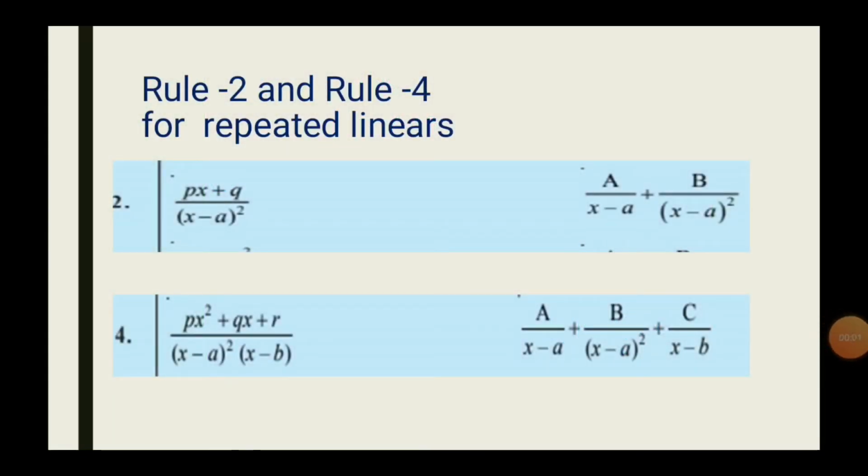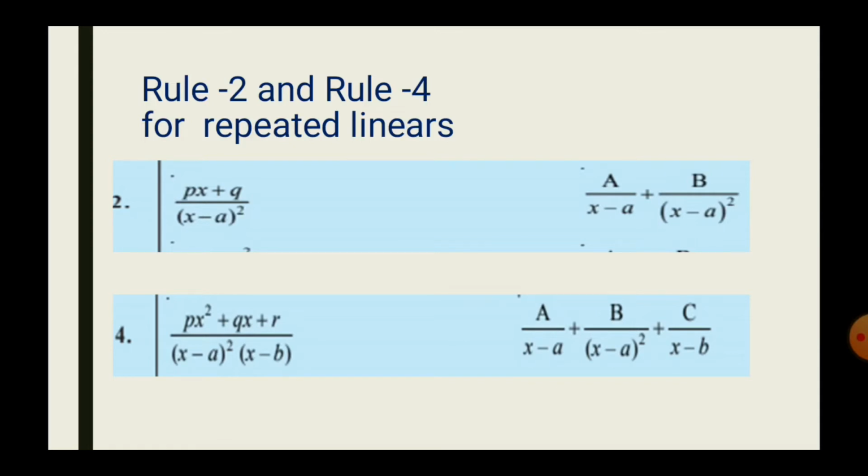I am taking rule 2 and rule 4 for repeated linear. When the denominator is expressible as the product of linear factors such that some of them are repeating, then rule 2 and rule 4 are applied. When the rational functions are of the form where denominator is x minus a whole square, here the denominator is linear, but it is in case of repeated linear, then we will take partial fraction as a upon x minus a plus b upon x minus a whole square, because here are again two factors and we have to take two arbitrary constants.